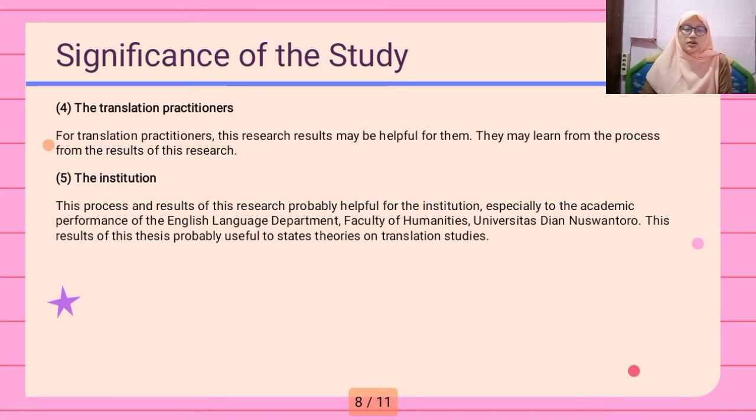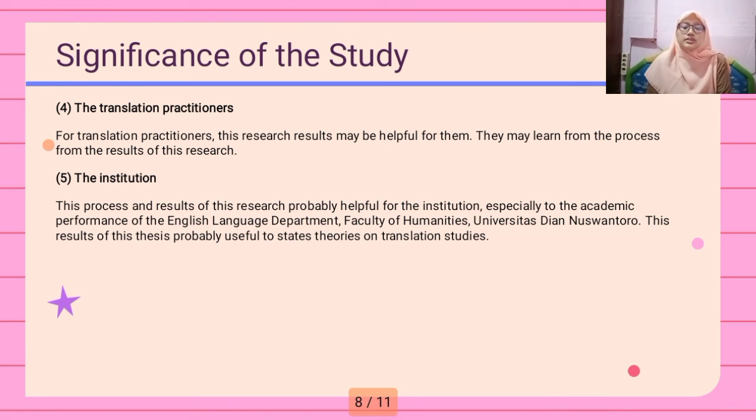And next, the translation practitioners. For the translation practitioners, this research may be helpful for them. They may learn from the process and the result of this research.